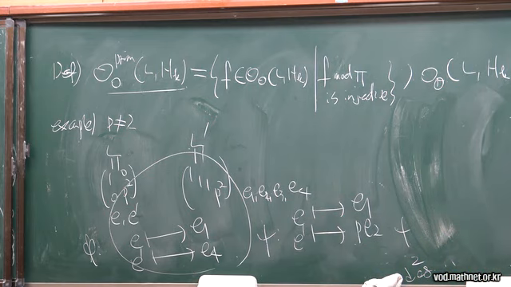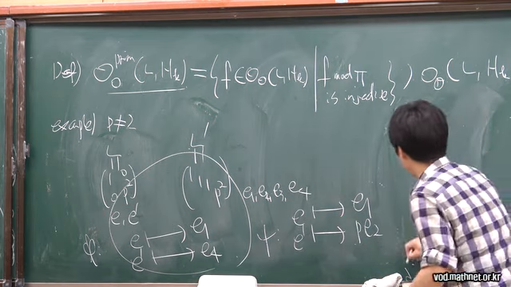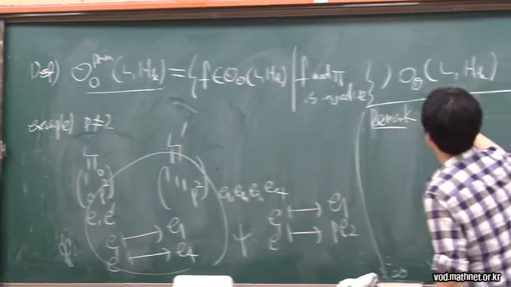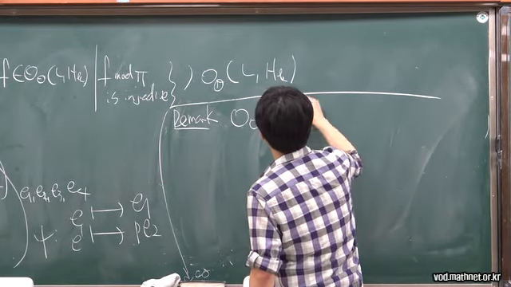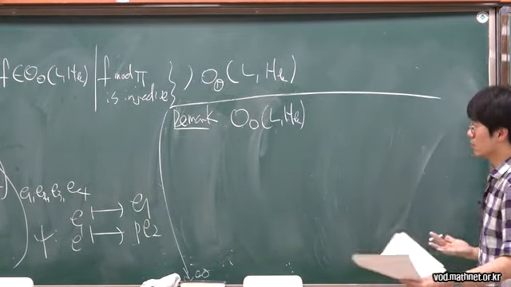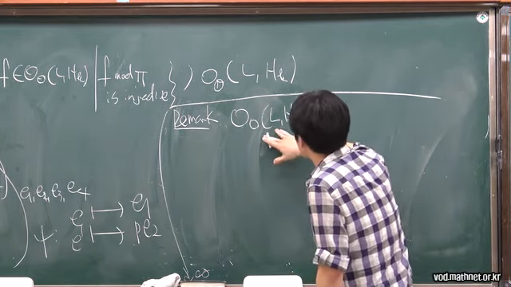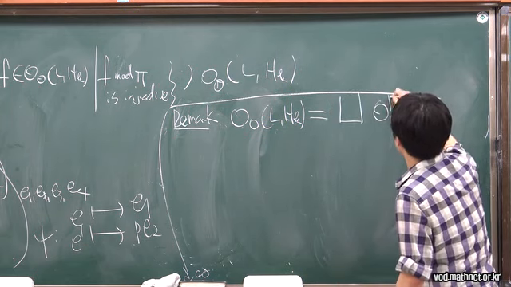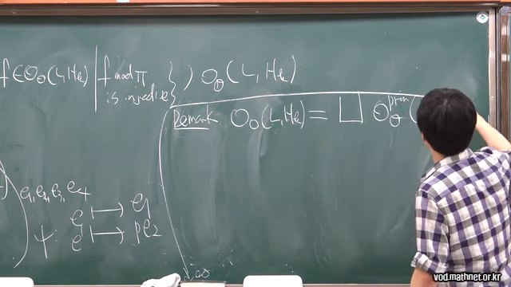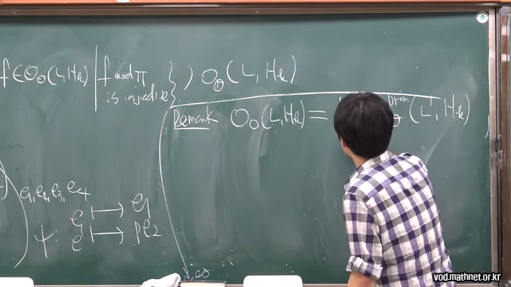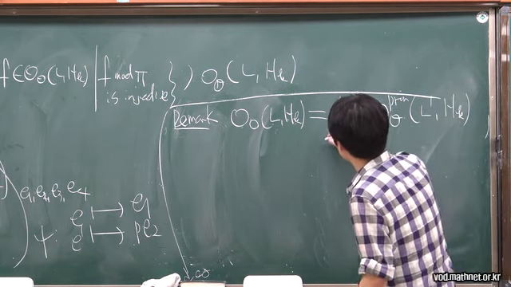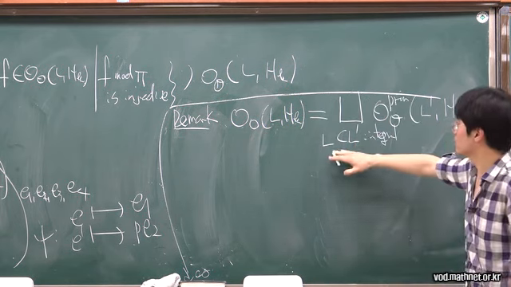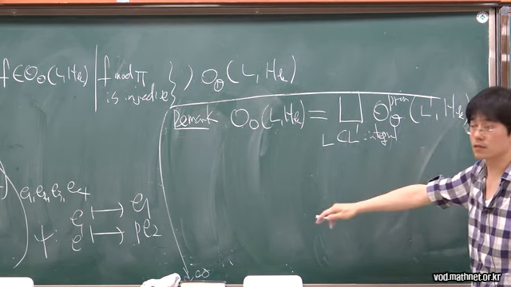So using this idea, now O_L(H_K), as just a set of isometries from the lattice L to H_K, has the following stratification: O primitive (L prime, H_K), where L prime is a certain quadratic lattice including L and integral, and both have the same length, such as this.